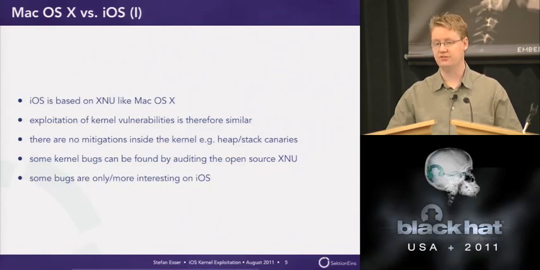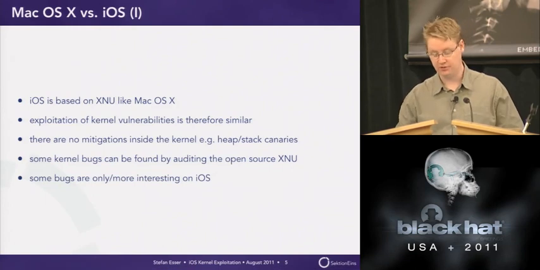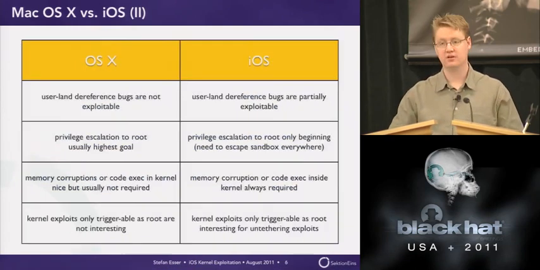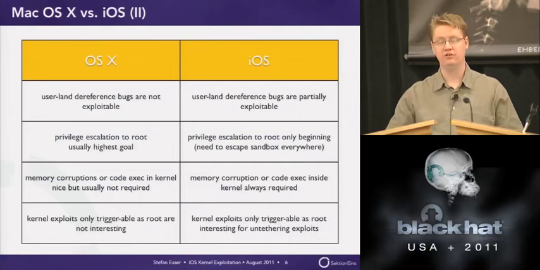The other thing that's different is the bugs you're searching for. They're different between macOS and iOS. When you look at macOS, you will see that userland dereference bugs are not possible, because the userland and the kernel space are not sharing the same address space.